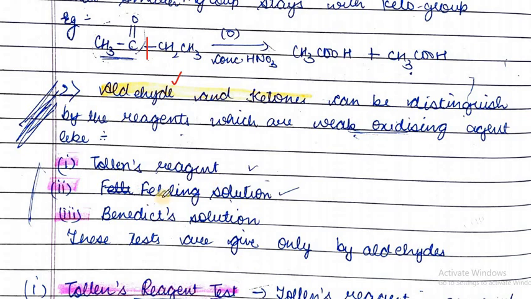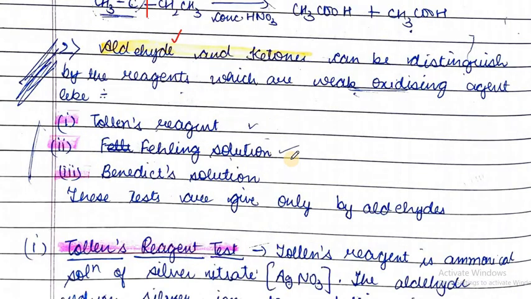That is, these tests will be given by the aldehydes and not by the ketones. These tests are important, and this can be asked directly or in comparison, where two aldehydes or ketones are given and we have to distinguish them by chemical test. Then also we can use these tests.